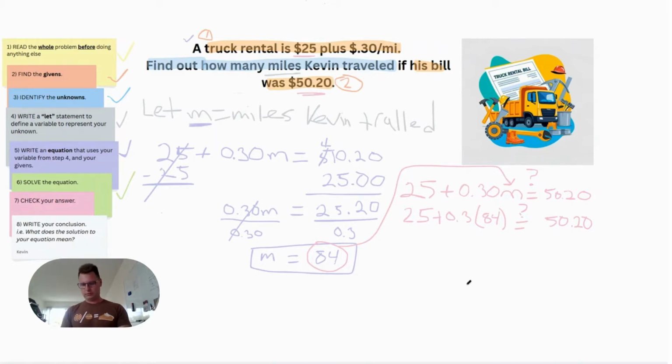So to save some time, I'm going to put in the calculator this 0.3 times 84 part. Feel free to practice your multiplication if you wish. They're doing some fun things with the writing here.